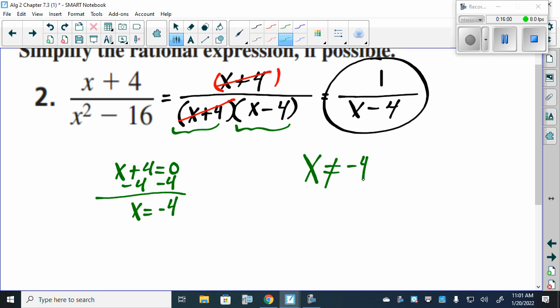And what's going to make x minus 4 equal 0? We can add 4, and then tell us x is equal to 4. So for this here, x cannot be negative 4 or positive 4, because it would make the denominator equal 0.